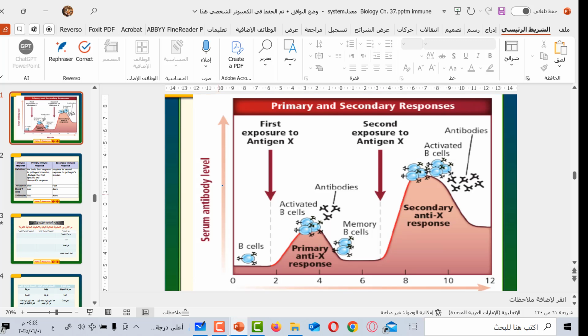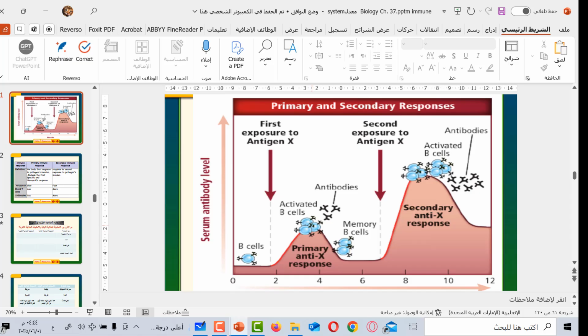Level of, sorry, serum antibody level. We will find that we have first exposure and second exposure. What's the difference between them? Number one, the first exposure will take a big time until it makes a high level of antibody.